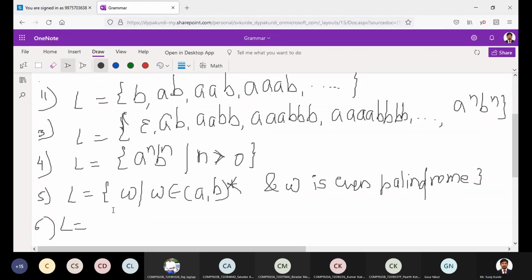Next, W for alphabet {A, B}. The alphabet we can consider anything: A, B, or 0, 1. The question variation will be with the input alphabet.